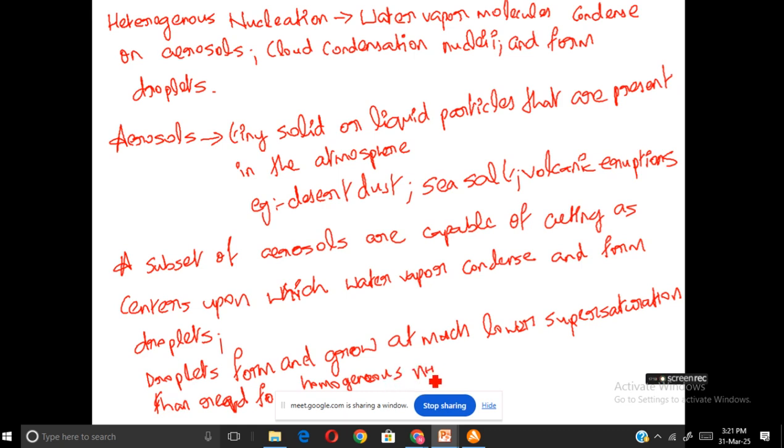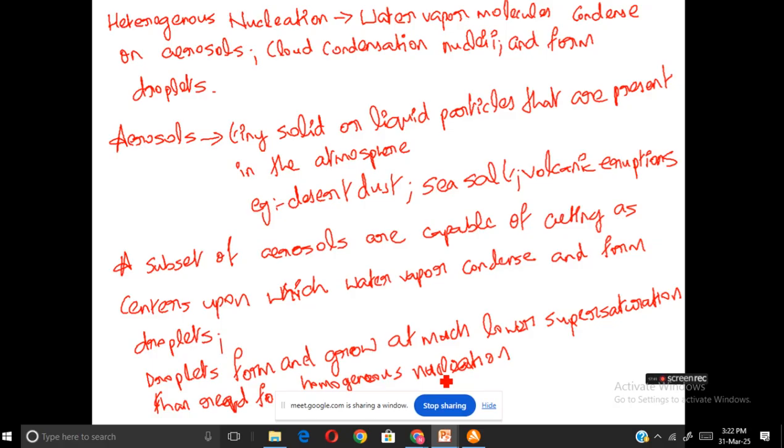So there are two methods in which clouds generally form. One is homogeneous nucleation and another is heterogeneous nucleation. Homogeneous nucleation is in the sense that the water droplets are formed by the chance collision of water molecules in the vapor phase.